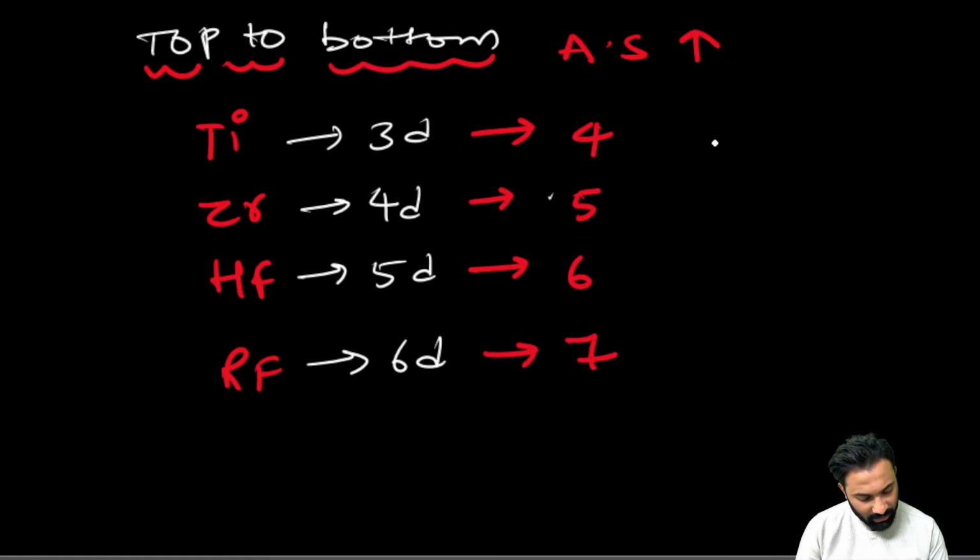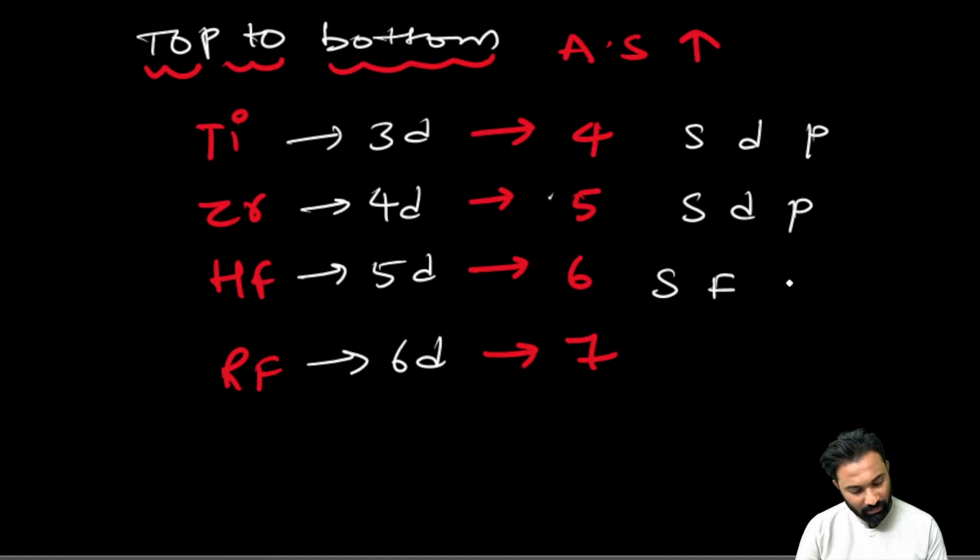Now, in the fourth period, what elements are we having? We have the s, and next, after the s, we have the d, then after that the p. Here also s, d, p. Here s, f, d, p. Here s, f, d, p.